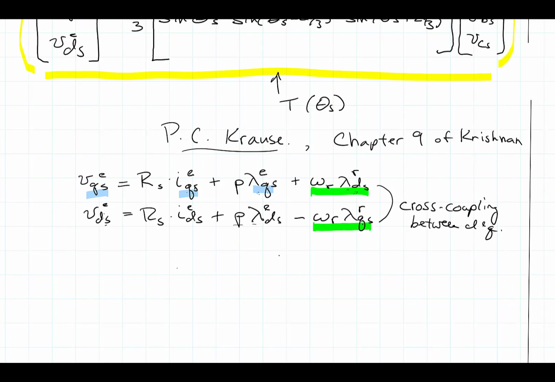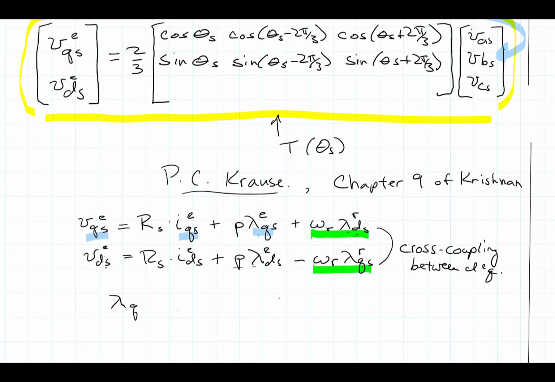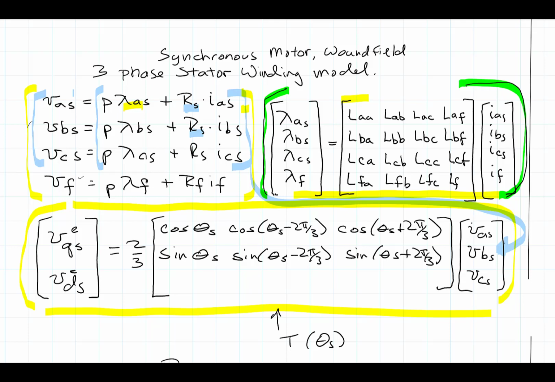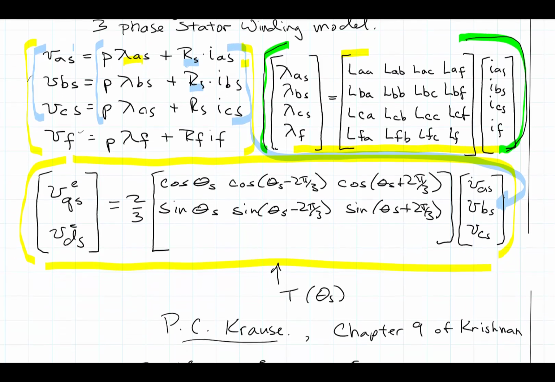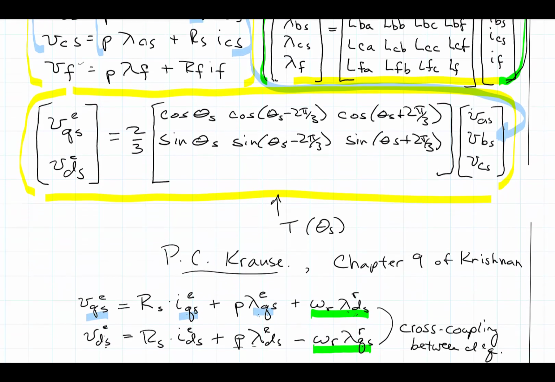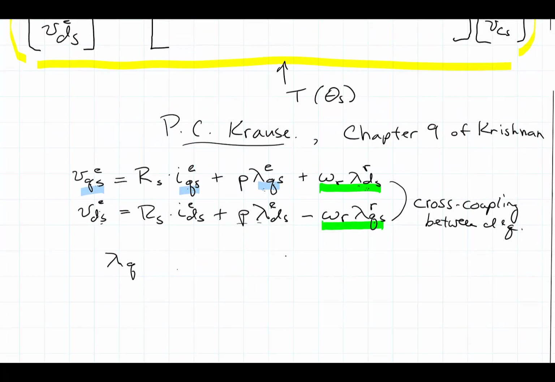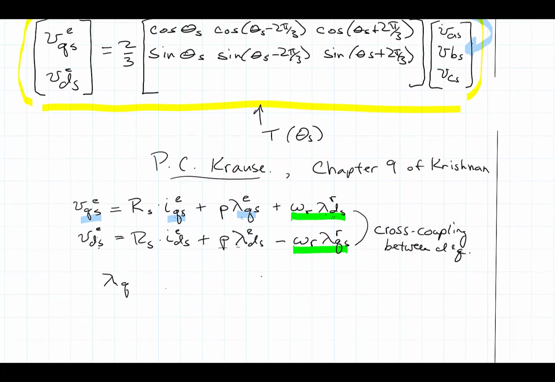So what's very interesting is the flux linkage expressions. You see how complex they were before. We're really going to get these down into much simpler expressions. So what we end up with is we really only need to know 2 flux linkages for these voltages here.